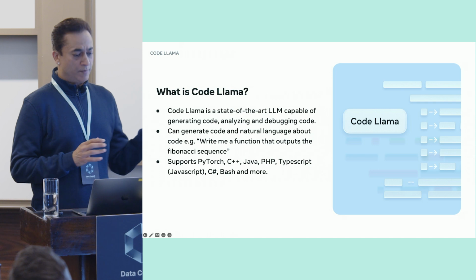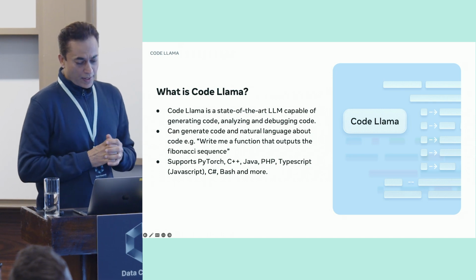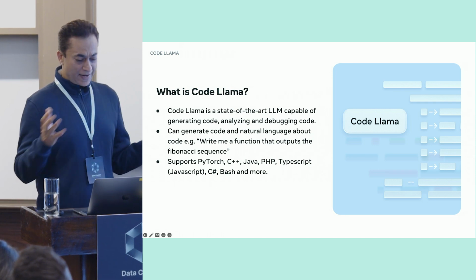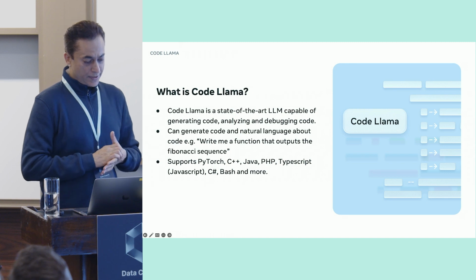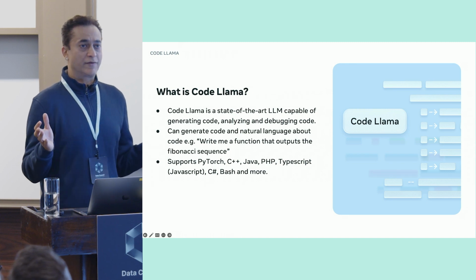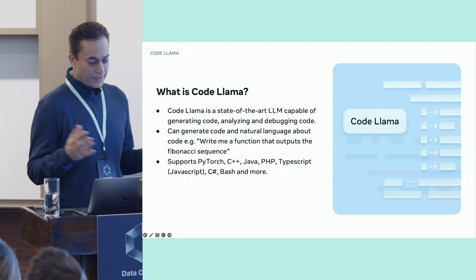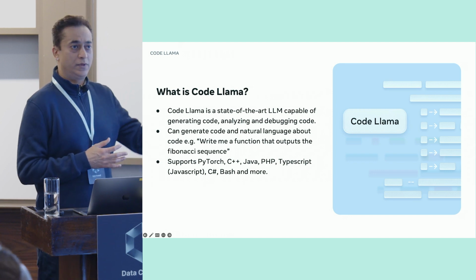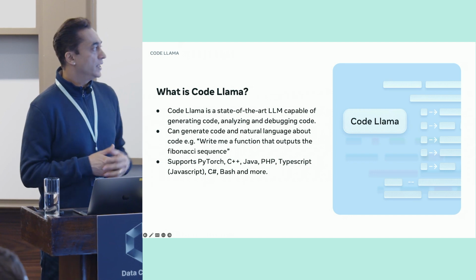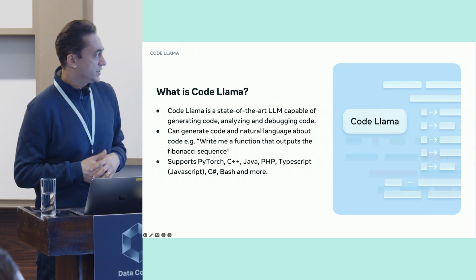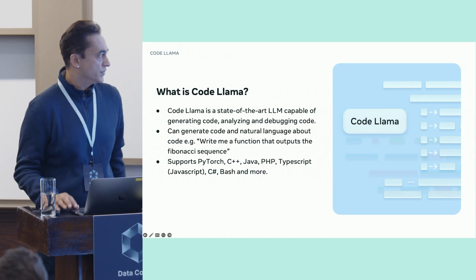These are state-of-the-art models, and essentially for code enhancement and capabilities. You can give a natural language prompt, like write me a function that outputs the Fibonacci sequence, and it will generate code for you. And it supports multiple different languages like Python, C++, Java, PHP, and so forth.